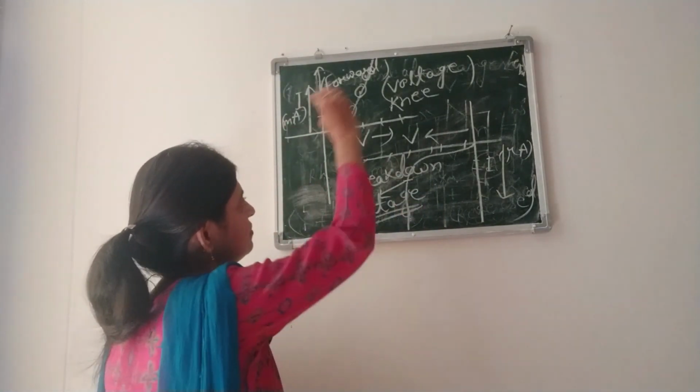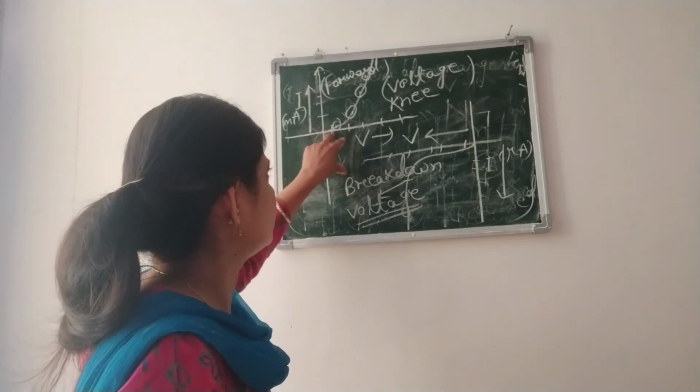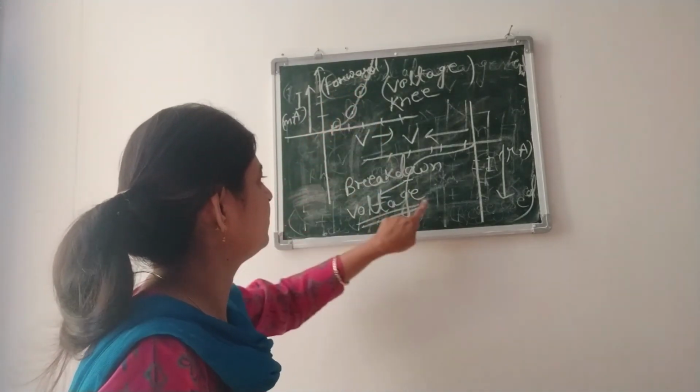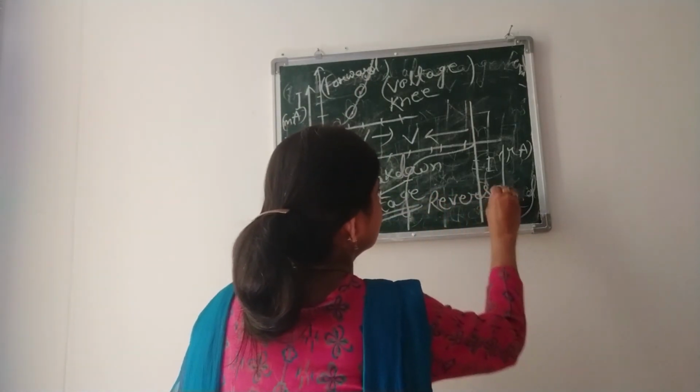So this is the VI characteristics of a PN junction diode during forward bias and reverse bias.